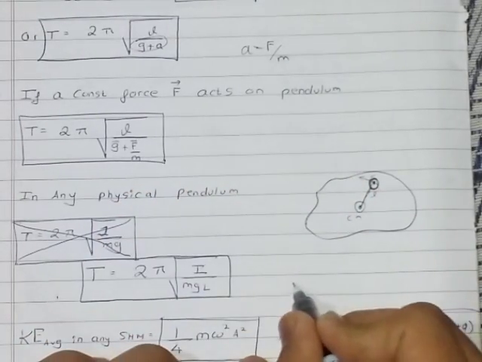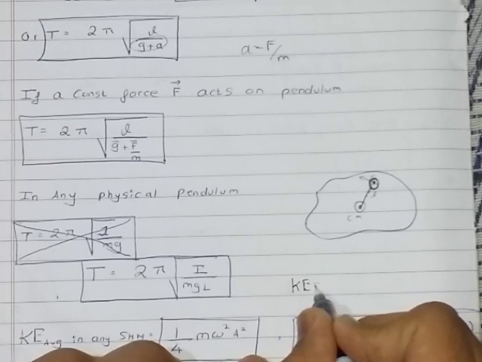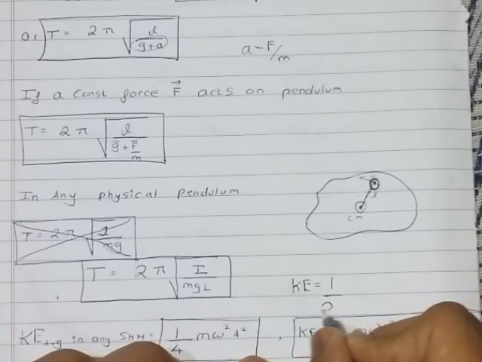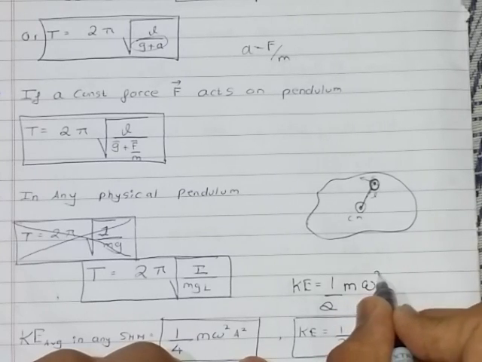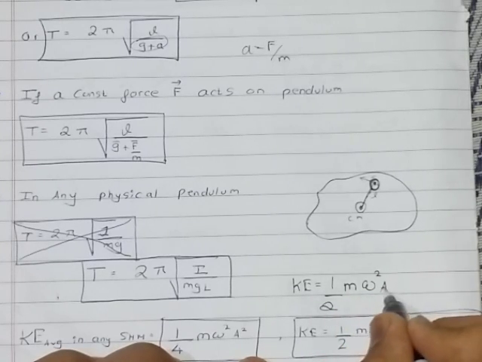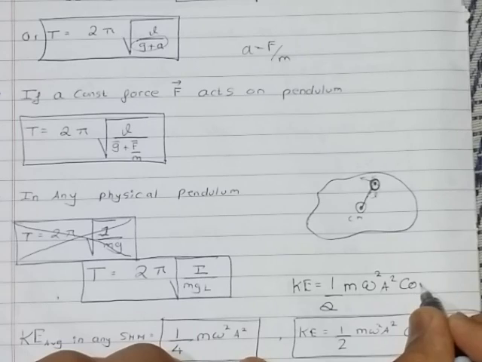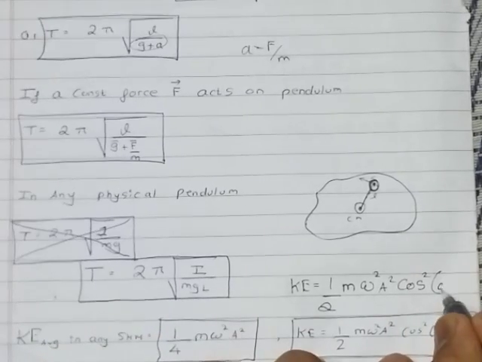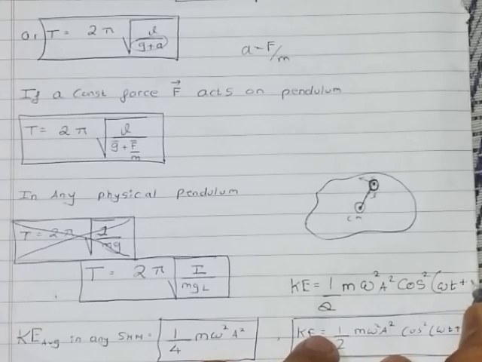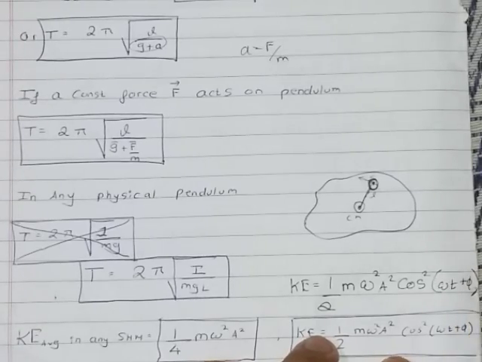So let me write it again. Kinetic energy equals half of m omega square a square cos square (omega t plus phi). Phi is the phase angle.